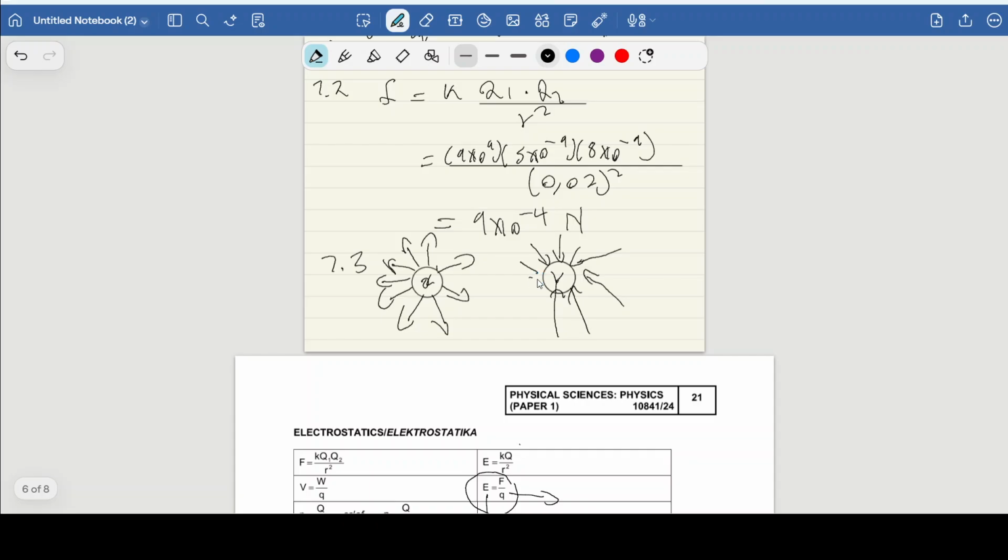The lines must never cross each other. They must be in a way that they are parallel to one another. So it is going to be something like this.